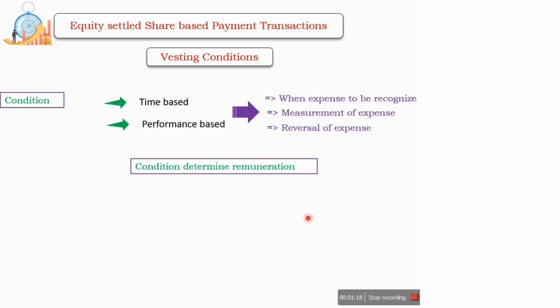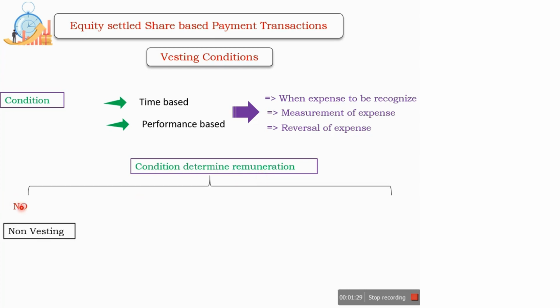These vesting conditions may be further divided. We have to check whether the condition determines the remuneration. If it does not determine the remuneration, it will be called a non-vesting condition. In case it determines the remuneration, it will be called a vesting condition.